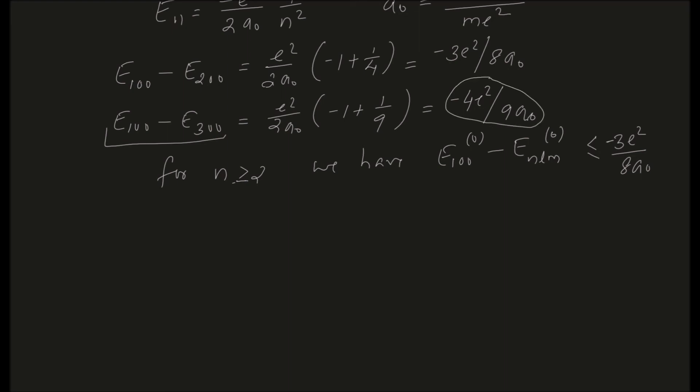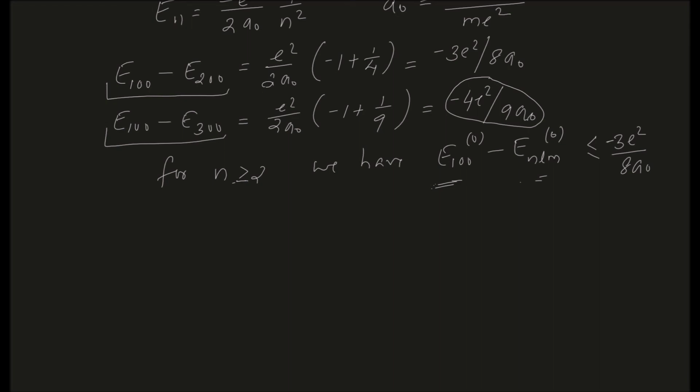Okay, so all the successive such terms will be less than the previous term. So in general, the energy difference between the ground state and any of the excited states will always be less than 3 e squared by 8a0, and this is equal to minus 3 e squared by 8a0 when you consider the energy difference between the ground state and the first excited state.